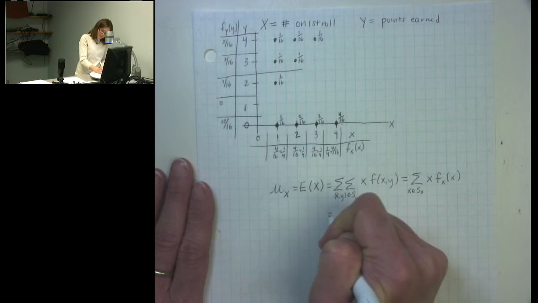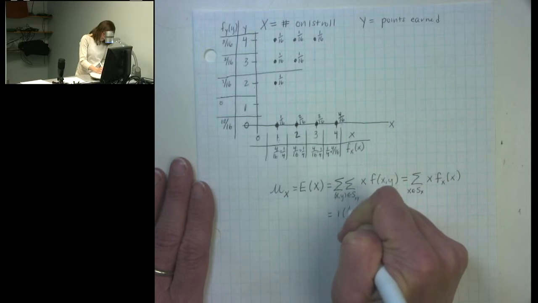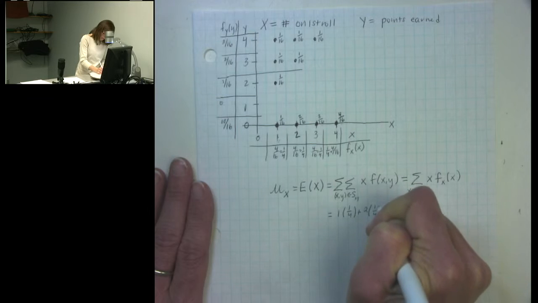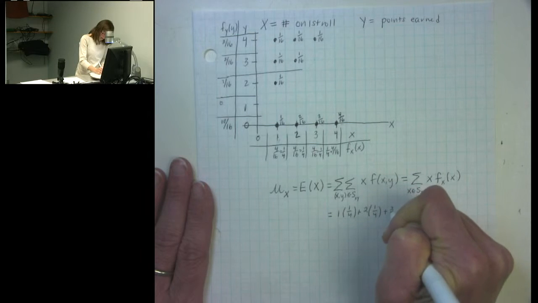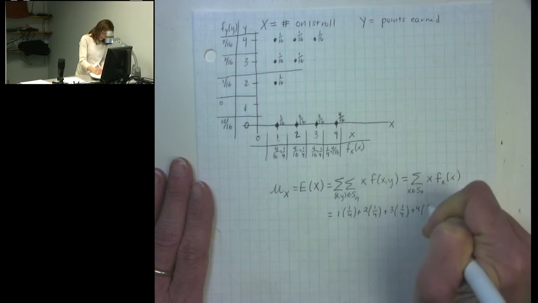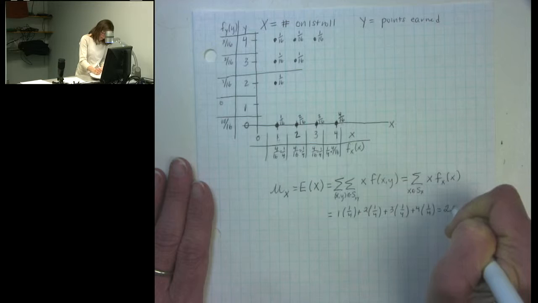So my mean is going to be 1 times 1/4 plus 2 times 1/4 plus 3 times 1/4 plus 4 times 1/4, and that's going to give us a mean of 2.5.